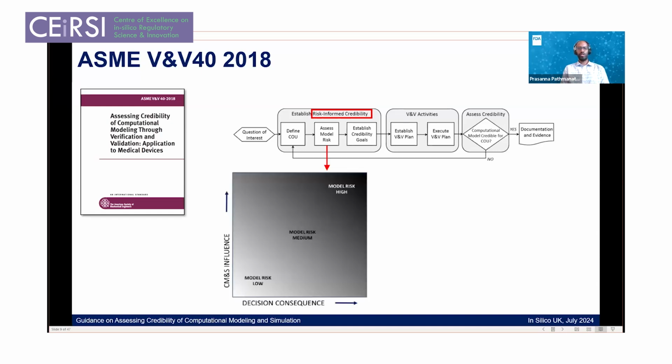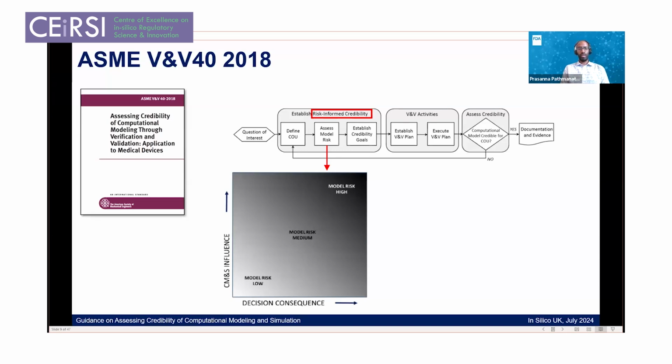And then it asks users to assess model risk, and basically asks users to evaluate two factors: decision consequence and model influence. So consequence basically asks, if you made a mistake with your question of interest, let's say your question of interest is, is the device resistant to fracture?